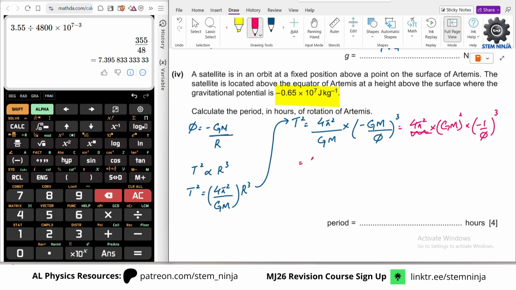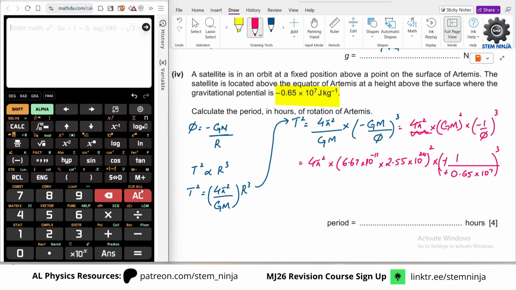Okay, so let's fill in the values. So 4 pi squared, GM is 6.67 × 10^-11, mass was 2.55 × 10^24, squared, times minus 1 over phi, which is 0.65 × 10^7. Minus minus will get cancelled.